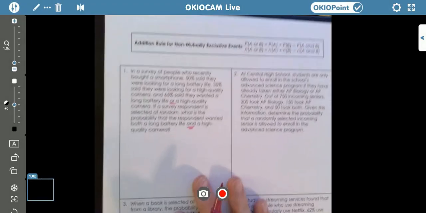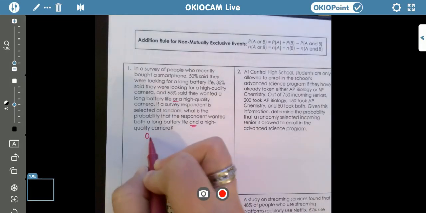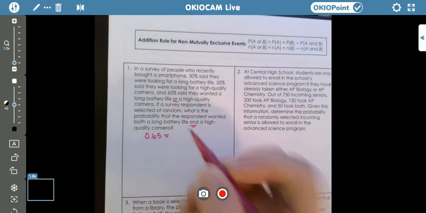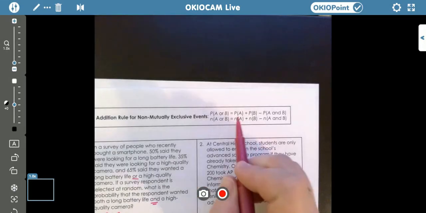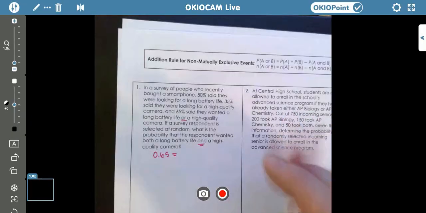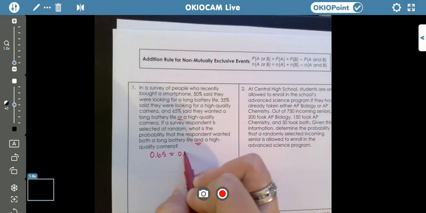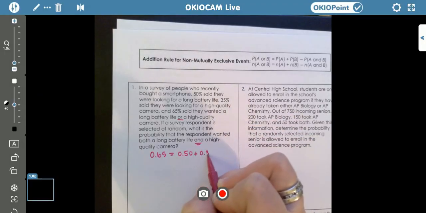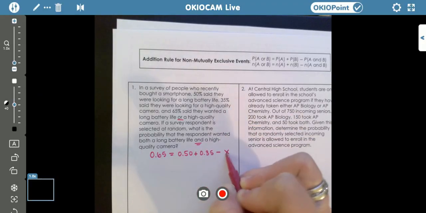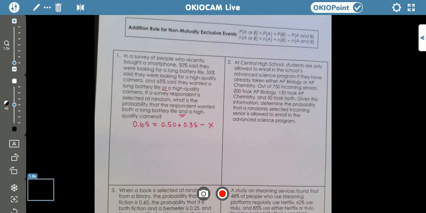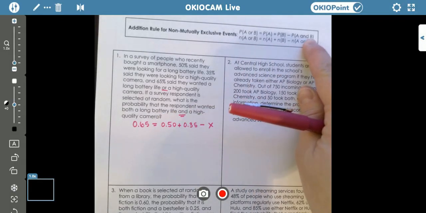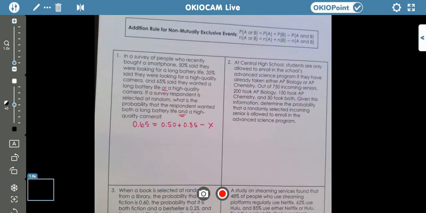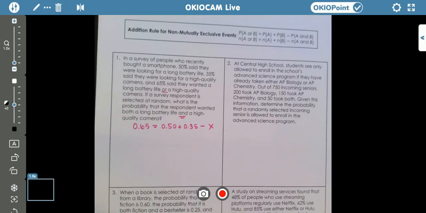Now we don't use percents as percents. We need them as decimals. So 0.65 equals, we need 1 plus the other. So long battery life was 0.50 plus high quality camera was 0.35. And we're looking for the and. So I'm going to call that x. So again, I'm using this formula right up here. It is on the back of your booklet. But when you're looking for or and, that is the formula you're going to want to use.